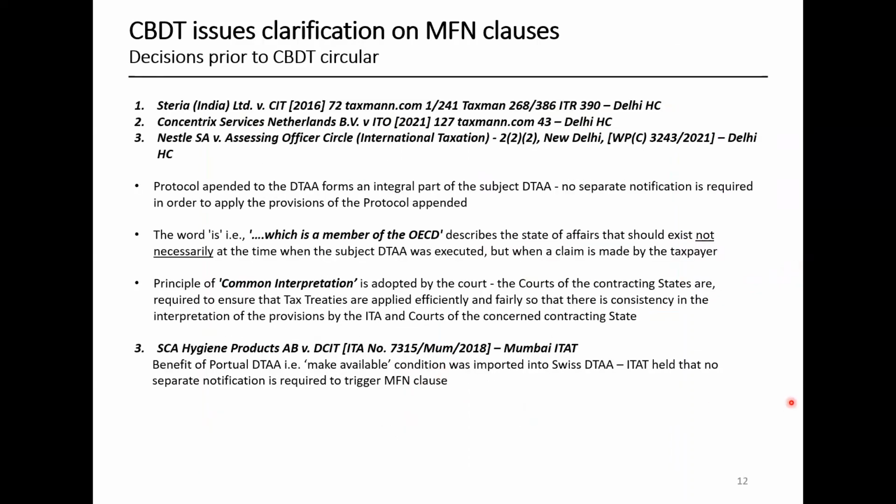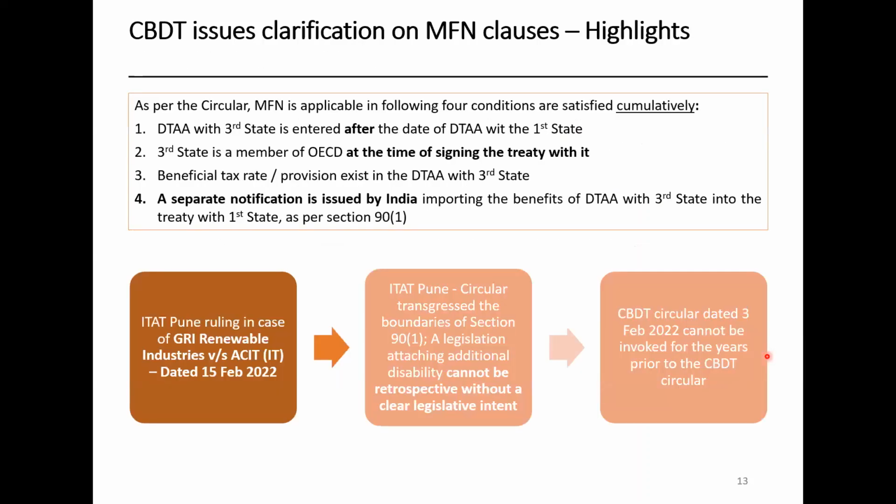In different cases, different benefits were sought under different countries, but the common theme was that the benefit is available and it cannot be denied merely because this country was not an OECD member at the time the DTA was entered.